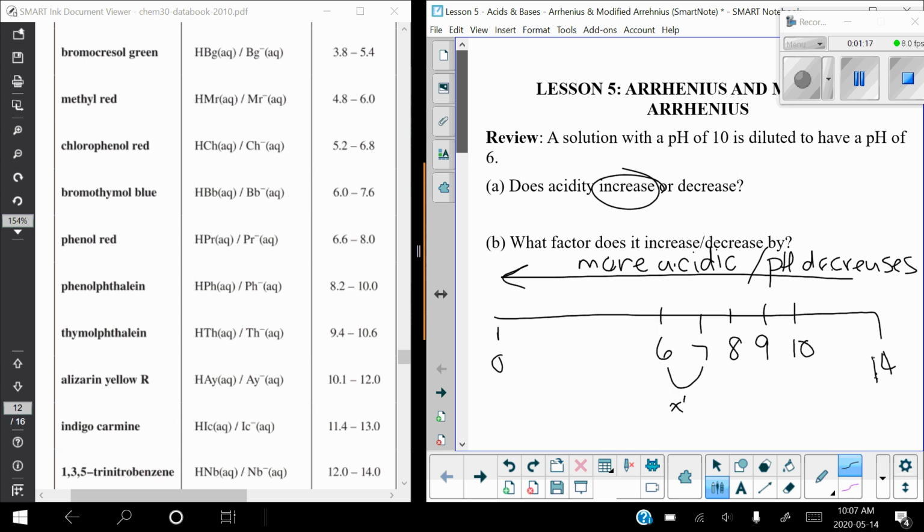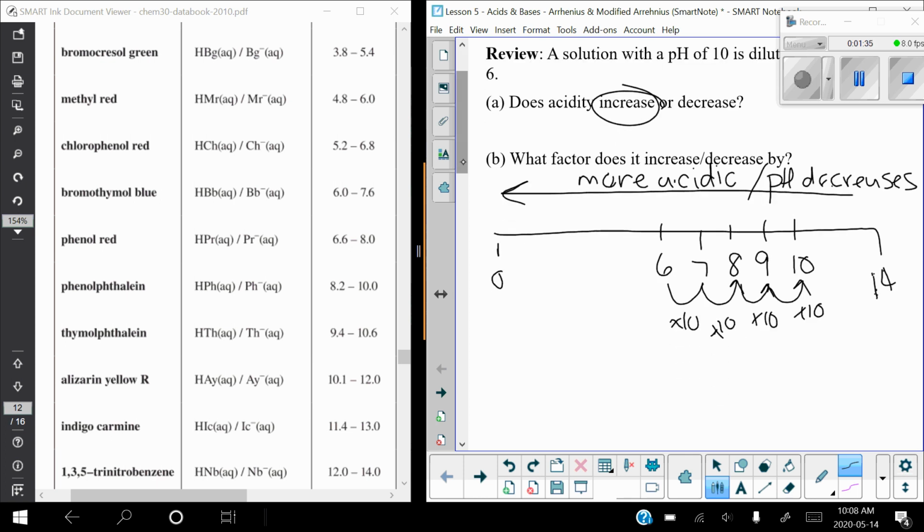Okay, that's times 10, times 10, times 10, times 10. 10 times 10 times 10 gives me 10,000. So it increases by a factor of 10,000.